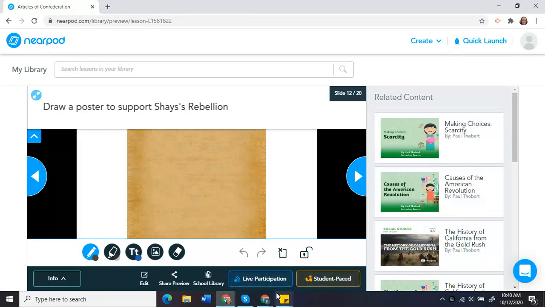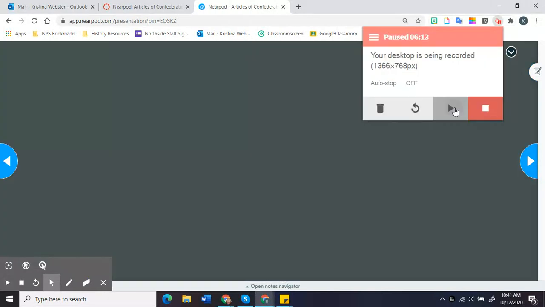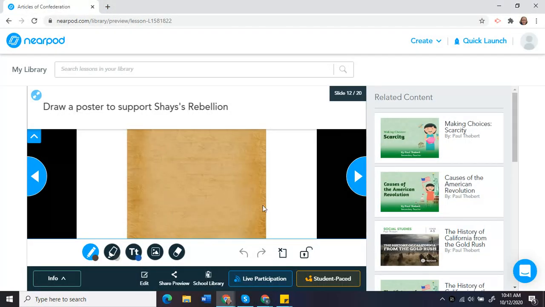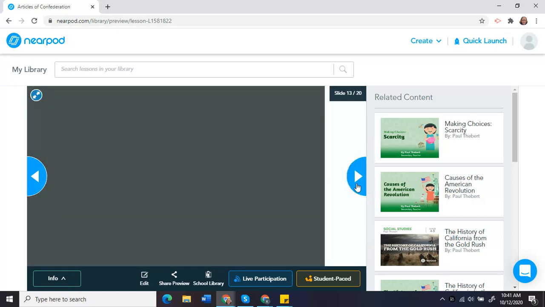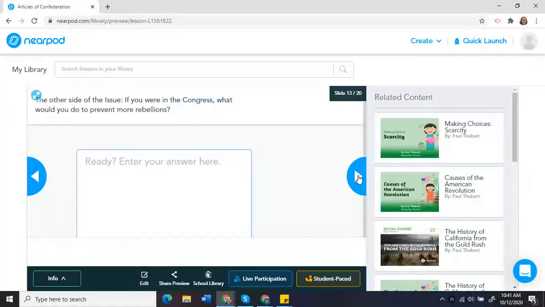Okay, so then you'll be asked to draw a poster to support Shays' Rebellion. Then you'll have another open-ended question. The other side of the issue: if you were in Congress, what would you do to prevent more rebellions? If you need a second to answer your question, pause now.